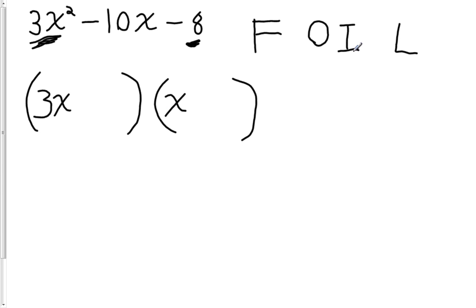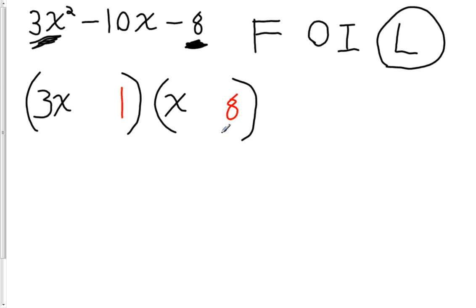Now I'm going to focus on the L part of FOIL, which is going to give me this last term, and that last term is going to be the product of the two last terms in each of the binomials. So I need to put the factors of 8 in each of these binomials. First, I'm going to try the factors of 8 being 1 and 8.